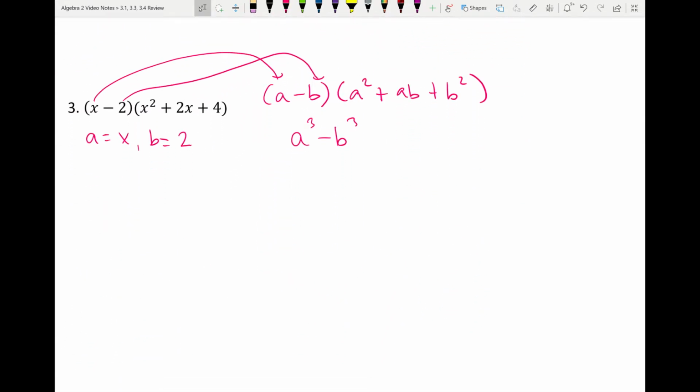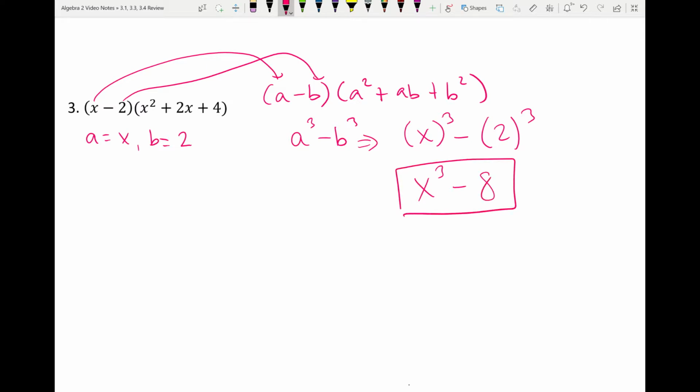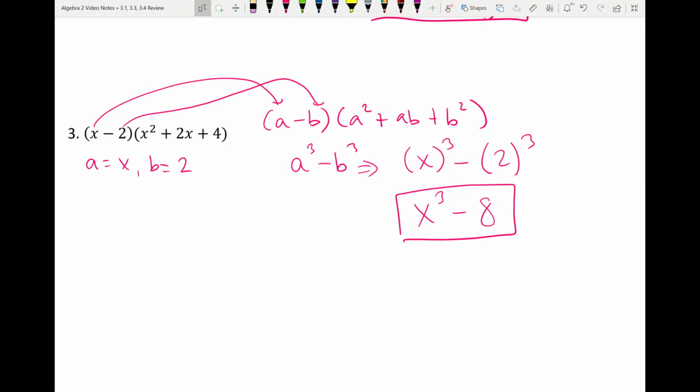So now we know what a is, we can plug it in. We get x, a is x, so to the third, minus b is 2 to the third. And so x cubed is just x cubed. 2 cubed is 8. So this is our guy. All right, so you just got to match it up and then plug in a and b.